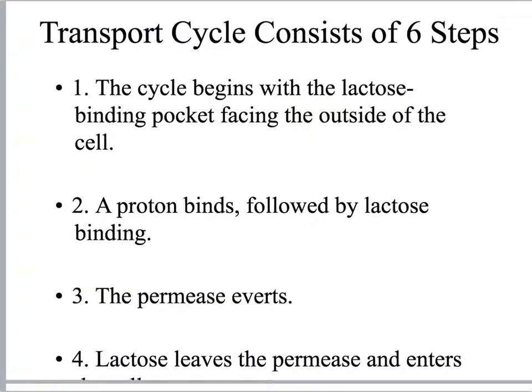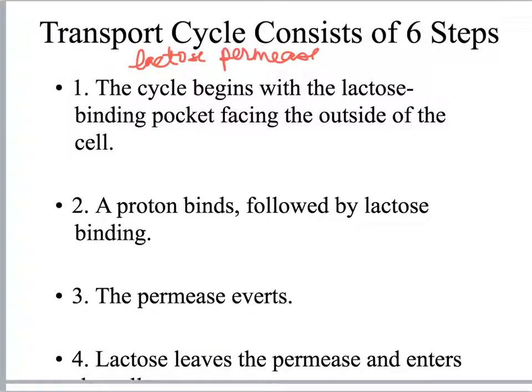So the lactate permease is an example of a symporter, and it's something that's found in prokaryotic cells. More specifically, we can see it in E. coli. The structure of this lactose permease, or lactate permease, consists of two 6-membrane spanning alpha helices.